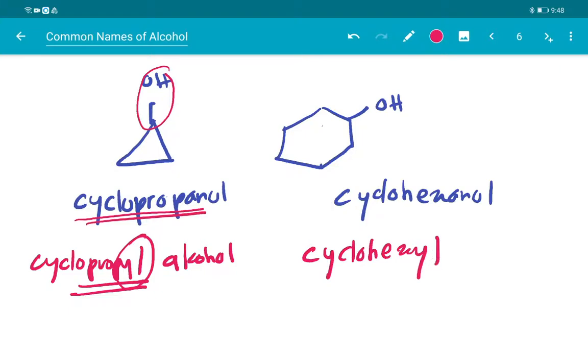Make sure you get the correct spelling. And then don't forget the alcohol homolog series, which refers to the attachment of the OH to the carbon. Remember guys, this can only be applied to a simple carbon chain without any other substituent. This is the limitation of the common name.